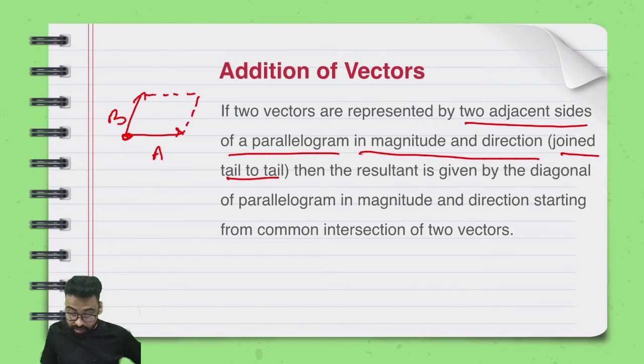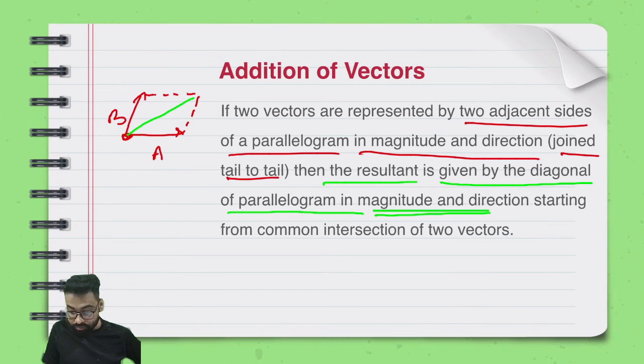So you say that then the resultant is given by the diagonal. Which diagonal? This diagonal, such that in magnitude and direction it is the same, and it starts from the common intersection of the two vectors.